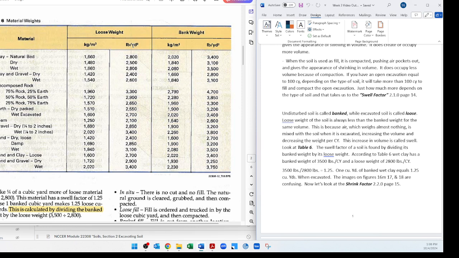A factor is something you multiply by something else to get its true value, weight, whatever, length. That's a factor. Remember, if you had hydraulics with me, we had a force factor, when we were using force multiplication. So factors are something you multiply to get the real result that you need.